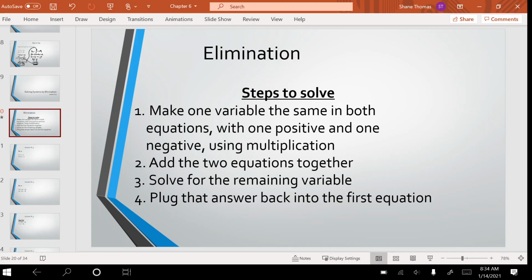And like I said, I like to put them into levels. I go from level 1 to level 4. Level 1 being the easiest, level 4 the hardest. We're going to do one of each level.